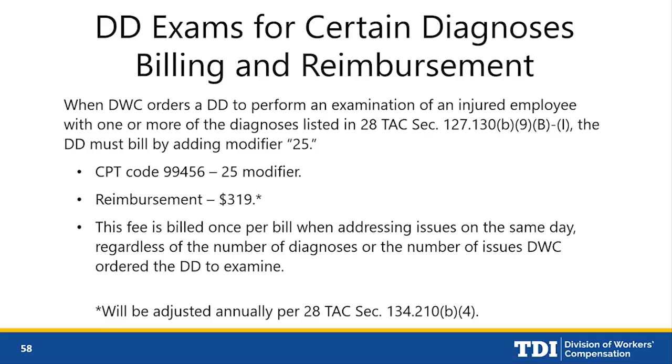In that case, no matter what the outcome of the MMI and the impairment rating, you would still get that $319, and you would bill that with that 99456, 25 as the modifier, again, for that $319 fee. And it's a one-time fee, no matter if they had 3 or 4 of those special conditions that you're addressing on that same day. The special diagnosis list you can find in 127.130.